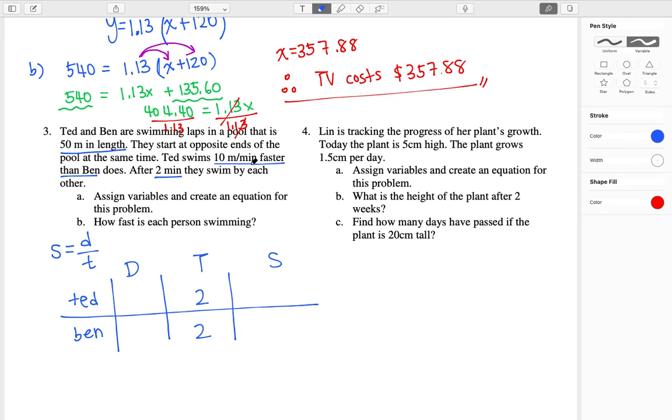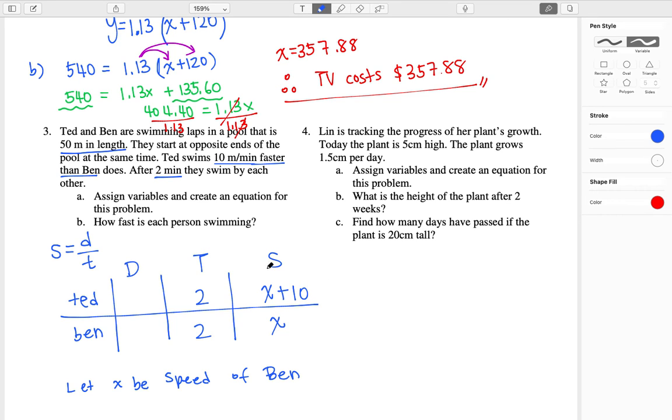And then for speed in this case, Ted is swimming 10 meters per minute faster. So we could say let x be the speed of Ben swimming. Okay, so if Ben is swimming at x, then for Ted, it's going to be x plus 10, because Ted is swimming 10 meters per minute faster.